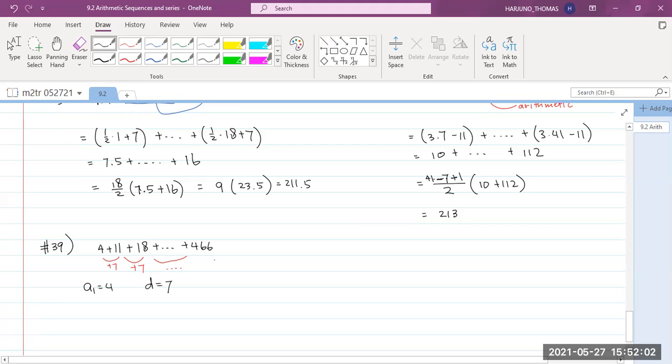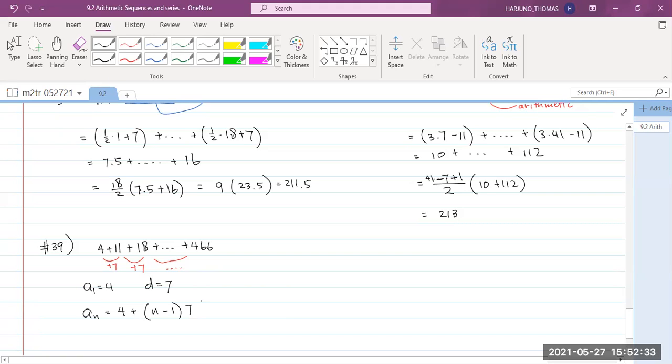Now, the thing is, you need to know how many terms here. So this is term number what? Right? You want to know that's term number what? Okay, so then the nth term, the last term is the first term plus n minus 1 times d. Is that right?